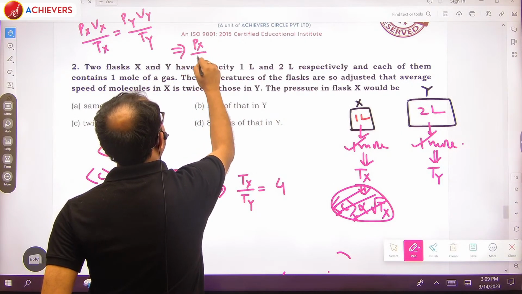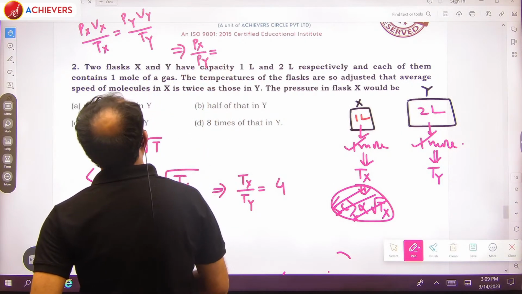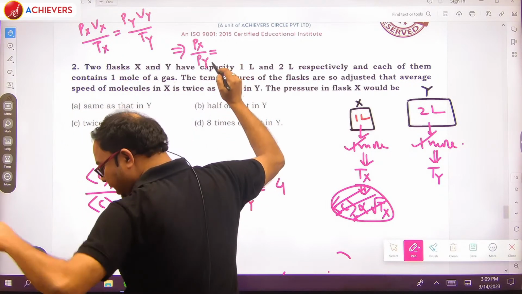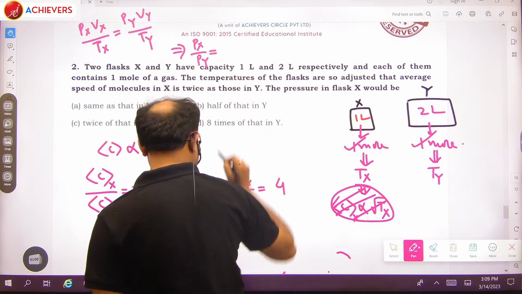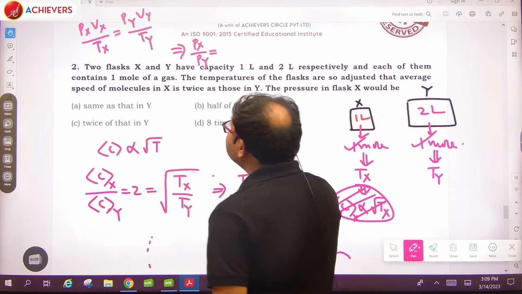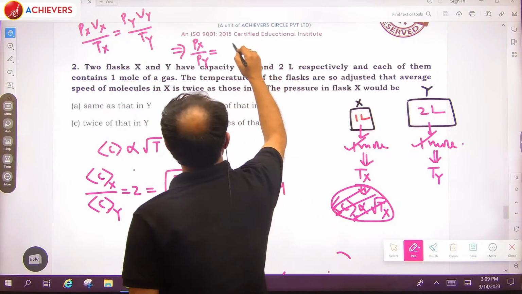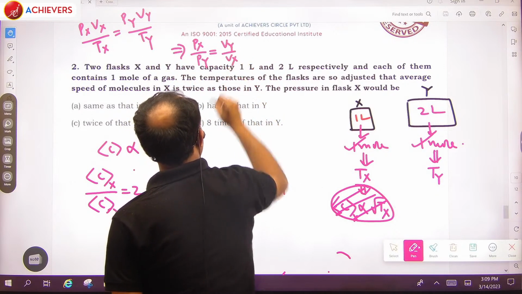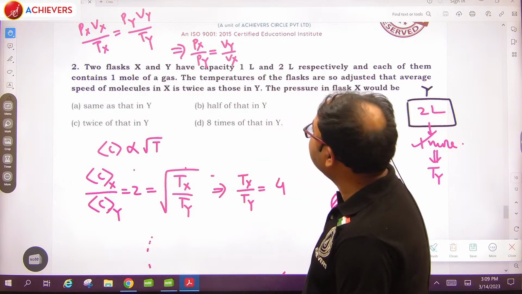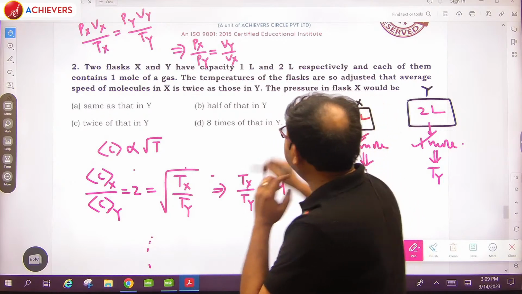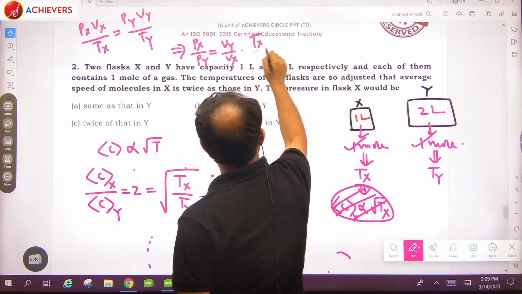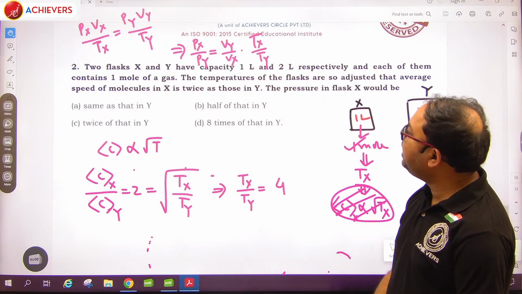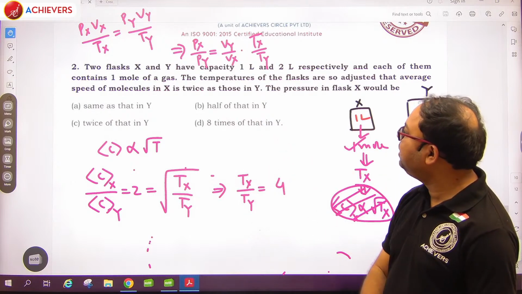Now Px by Py should be equal to Vy by Vx multiplied by Tx by Ty.